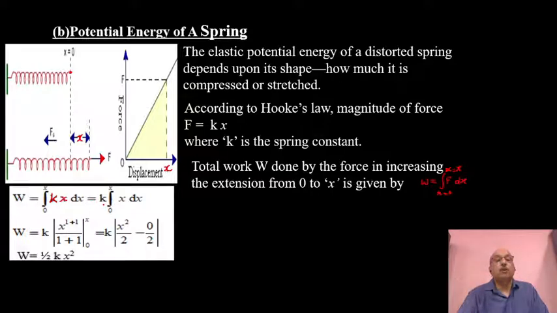K is the spring constant and a property of the spring, so we will take it out of the integration. So integrating x, we will have x to the power 1 plus 1 upon 1 plus 1.